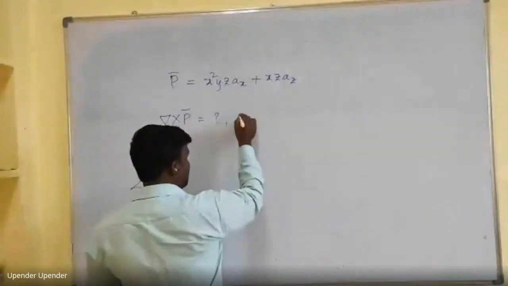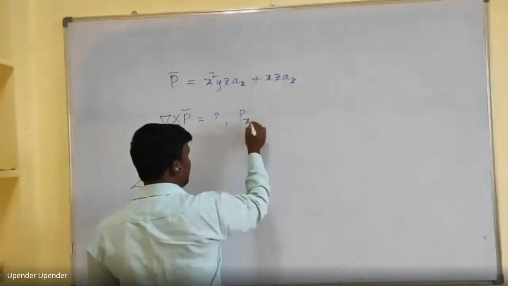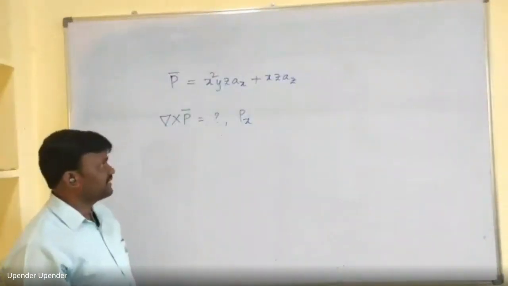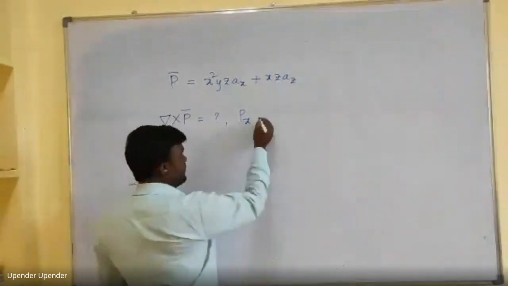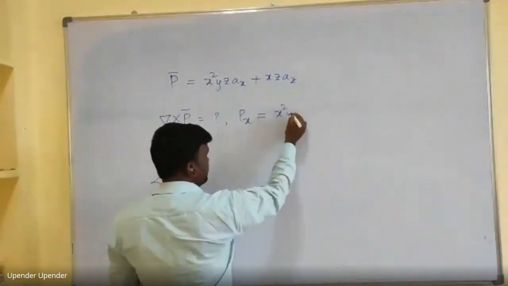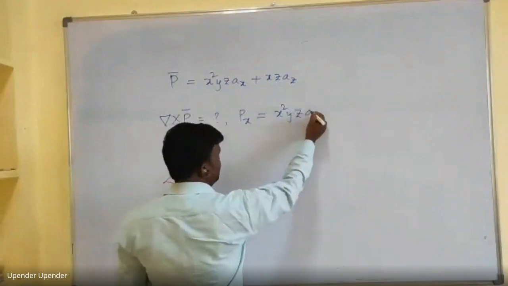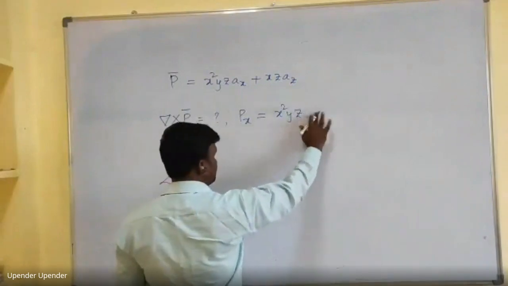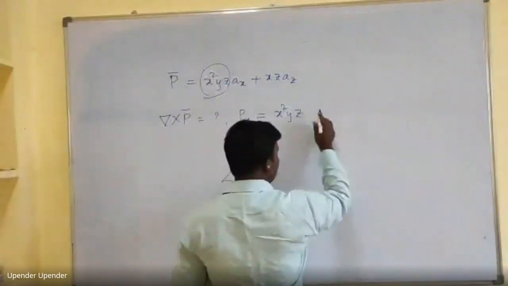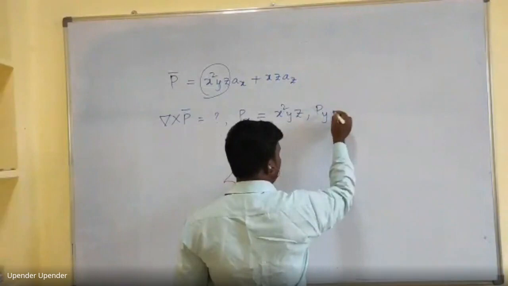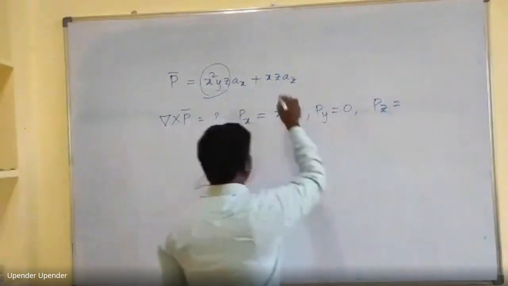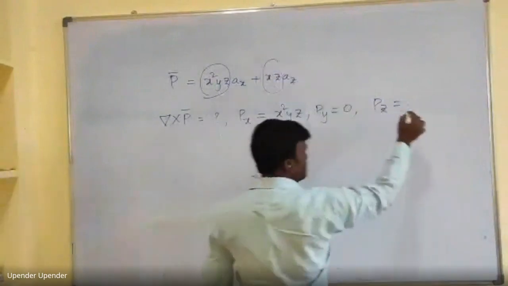Before proceeding, let us write the magnitude of P along x direction, y direction and z direction. Px is x square yz, this part only. And what about Py? Py equal to 0 and Pz is what? Pz is this one, that is xz.